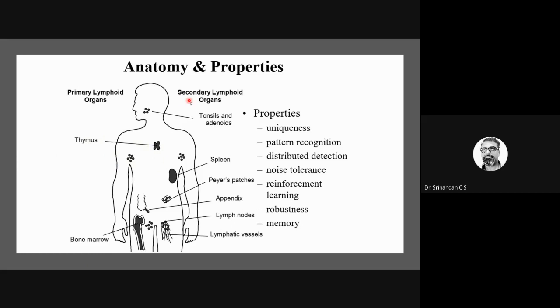There are also secondary lymphoid organs, like the lymphatic vessels where the lymph will flow, and there will be nodes. For example, these are all nodes. In some diseases, near the armpit and elsewhere, there is inflammation, especially in some rare diseases. Why? Because they act like a filtration.